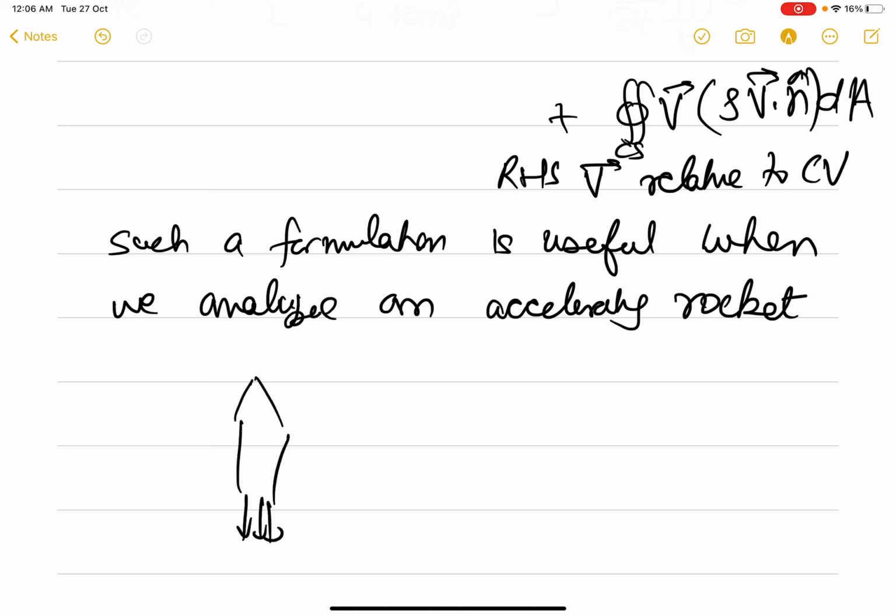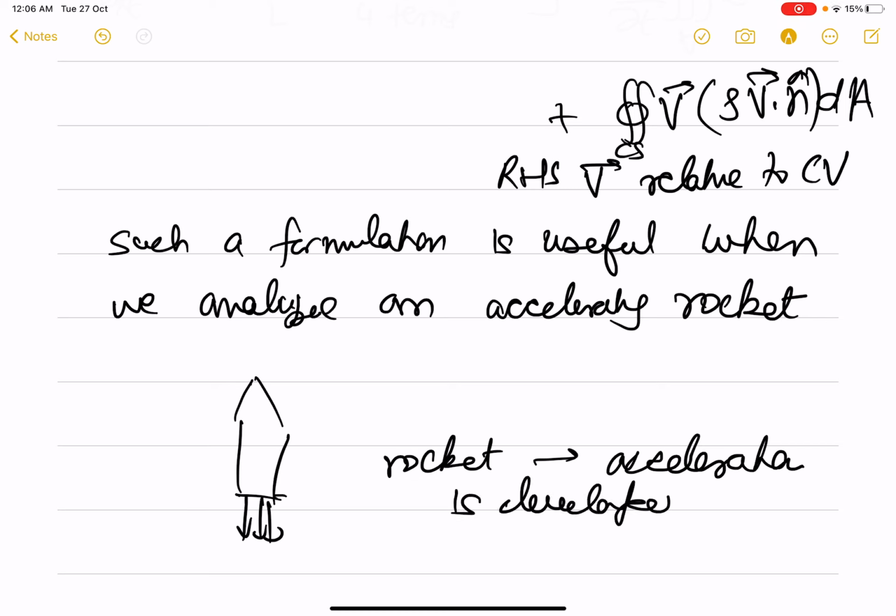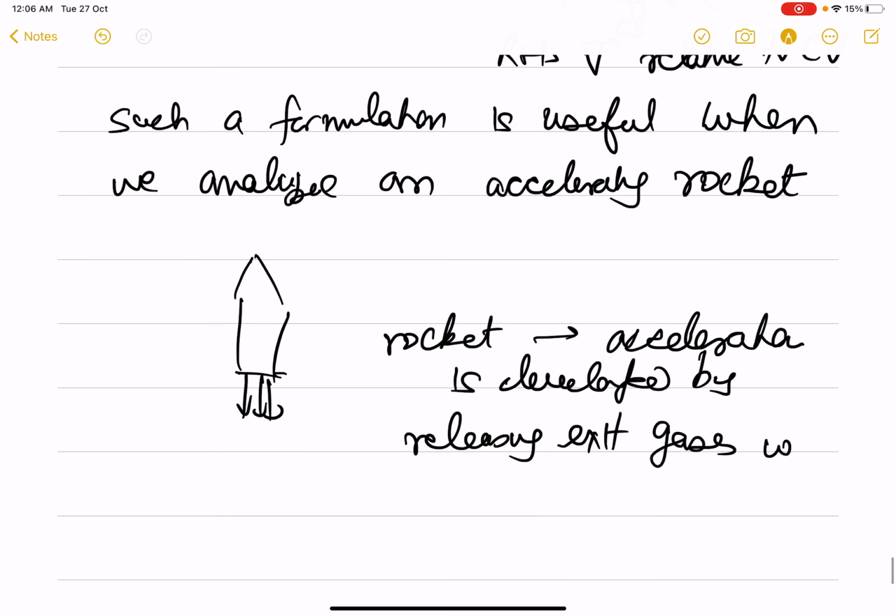In a rocket, the acceleration is developed by releasing exit gases with a large momentum.